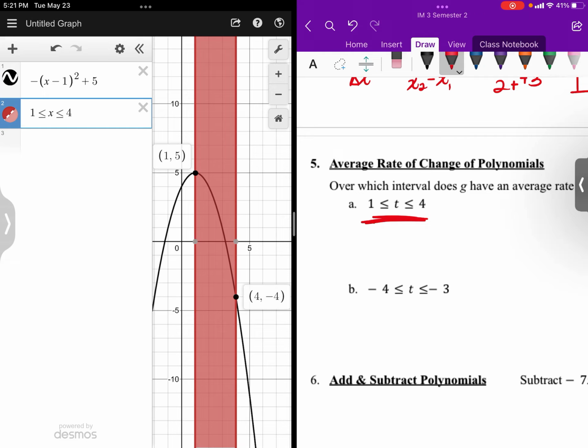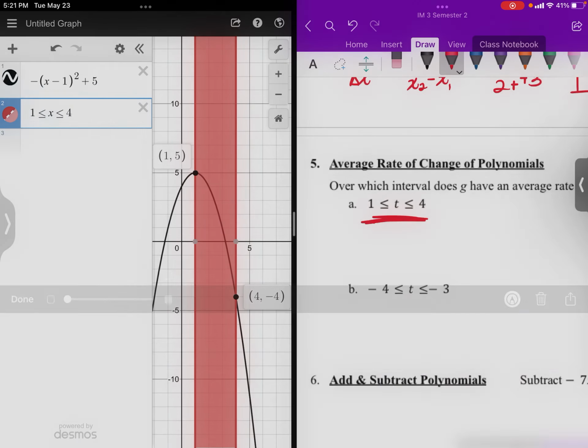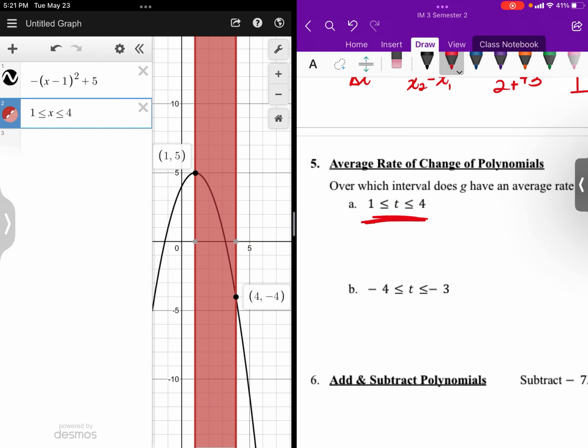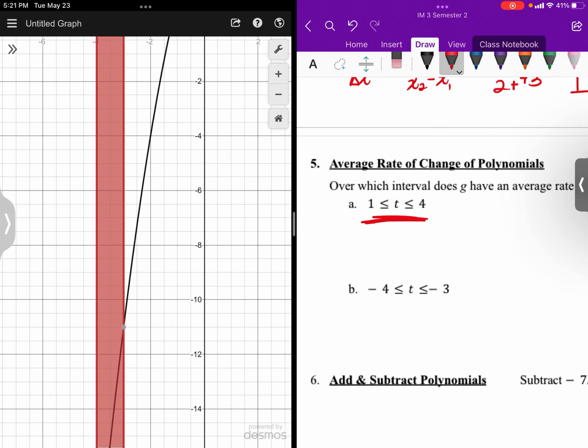If you take a look at this one here, this one is showing a negative slope. If you were to connect them from here to there, that is a negative slope. So that's not what we're looking for. Let's check out the next one, which would be -3 and -4.